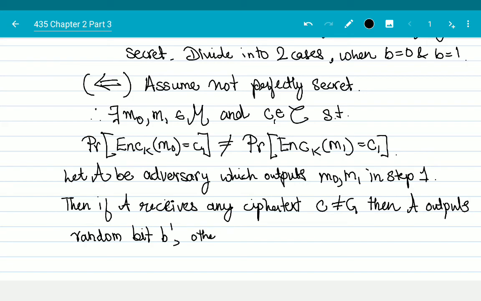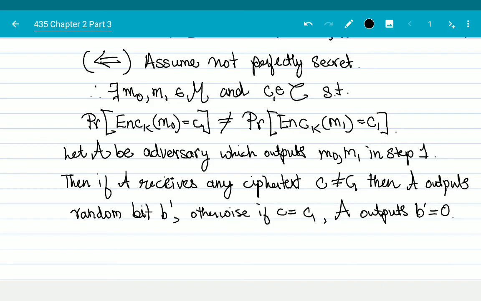Otherwise, if c is equal to c1, then A outputs b prime equal to 0. So if my ciphertext is c1, it outputs 0 always. If the ciphertext is not c1, then it just chooses a bit randomly.